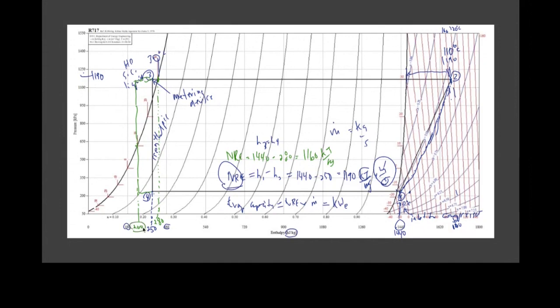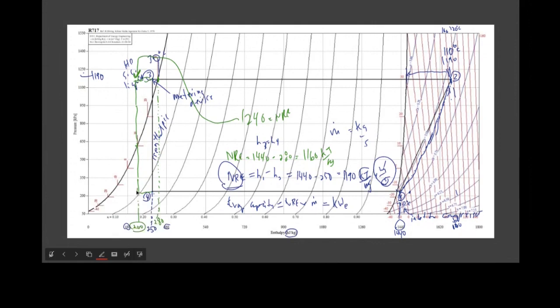So we've got 200 kilojoules per kilogram and 1440, and 1240 would be our net refrigerating effect for this example over here. So subcooling, bottom line, is our friend, because we end up with a greater net refrigerating effect.